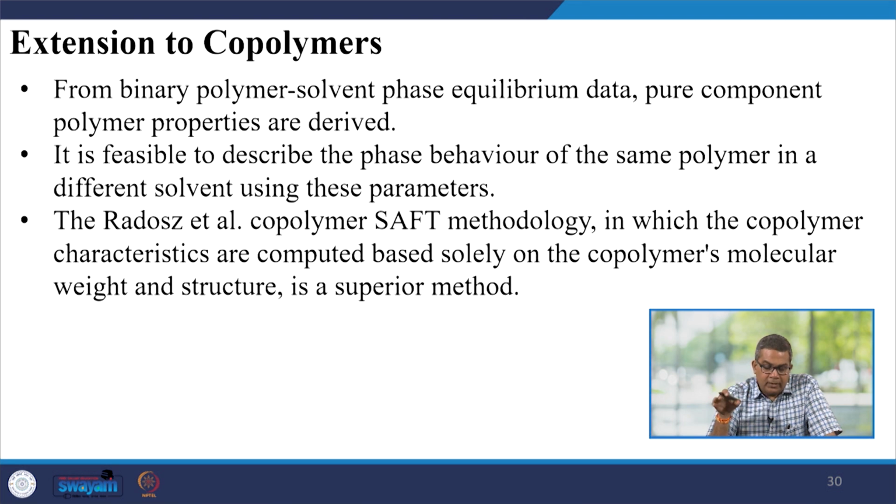From binary polymer solvent phase equilibrium data, pure component polymer properties are usually derived. Now, it is feasible to describe the phase behavior of the same polymer in a different solvent using these parameters. Radosz and co-workers used the copolymer SAFT methodology, in which the copolymer characteristics are computed based solely on the copolymer's molecular weight and structure, and it is found to be the superior method.